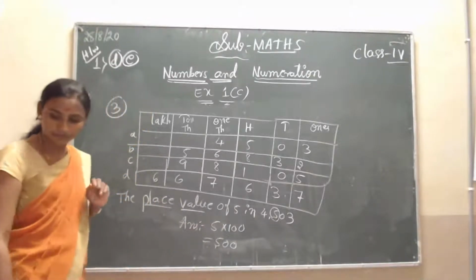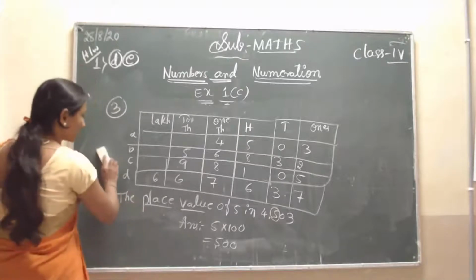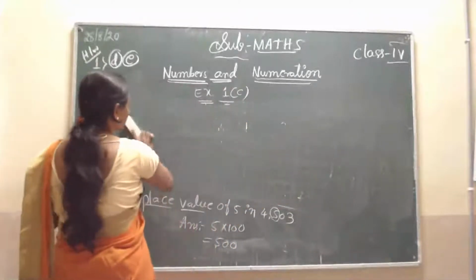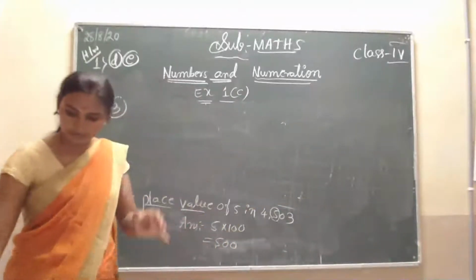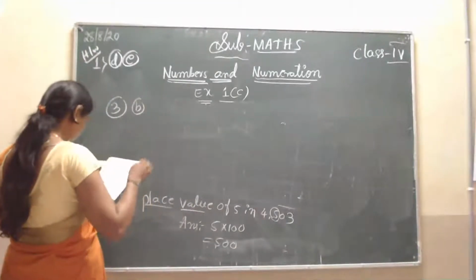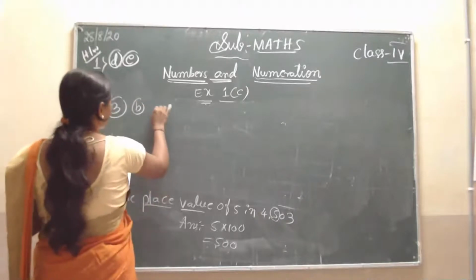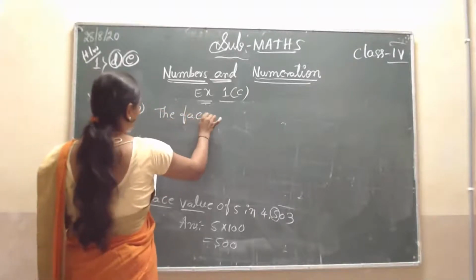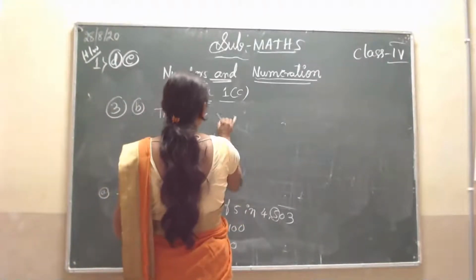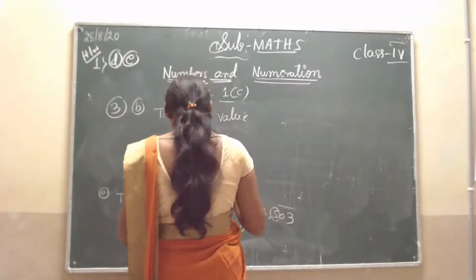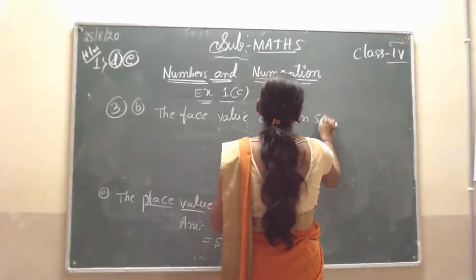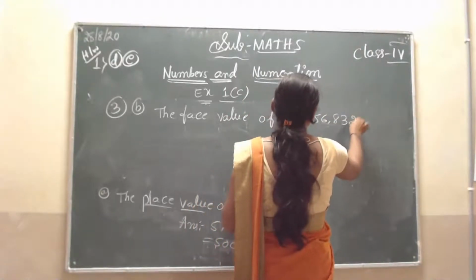In B, students have read B1 question. So the B question: the face value of 6 in 56,832.